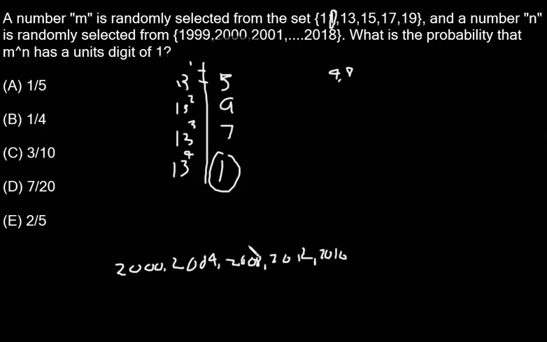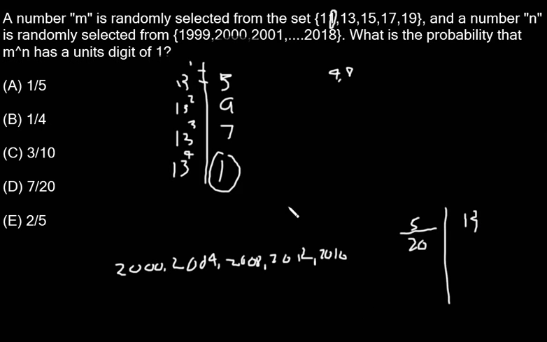I'm having trouble counting right now. So we have a 5 out of 20 chance when we have the number 13, and we know it's 5 out of 20 because there are 20 numbers in this set.